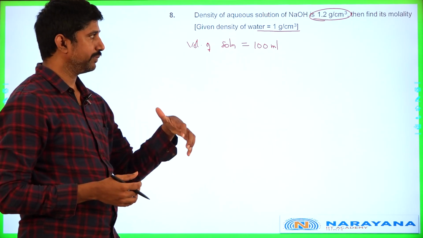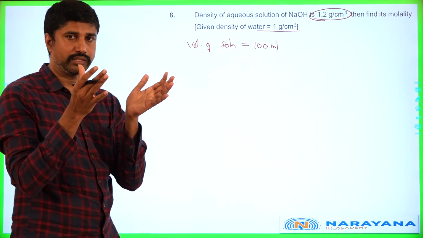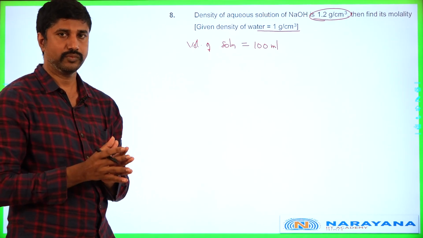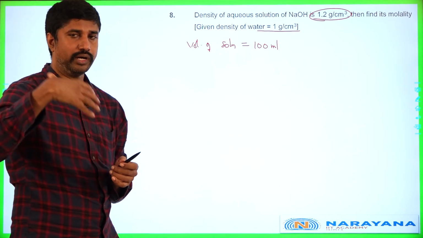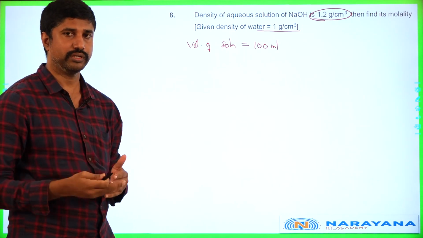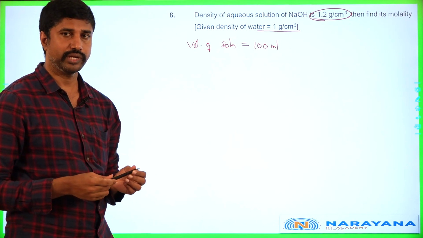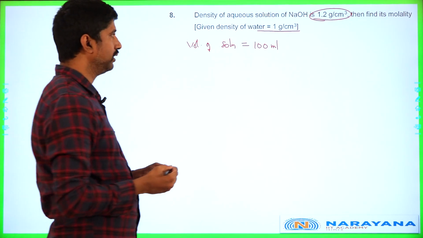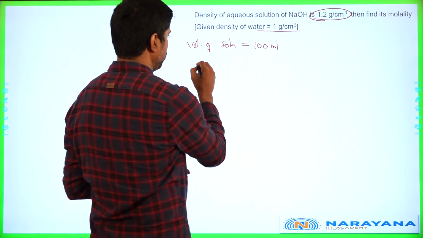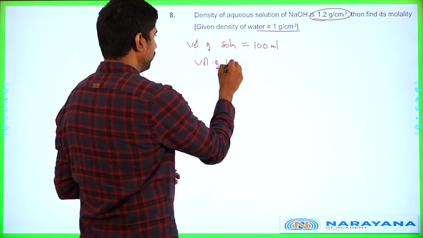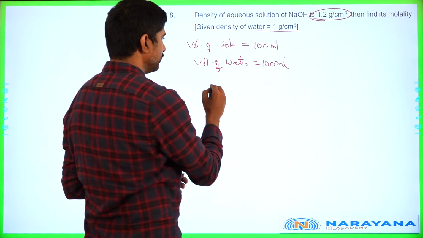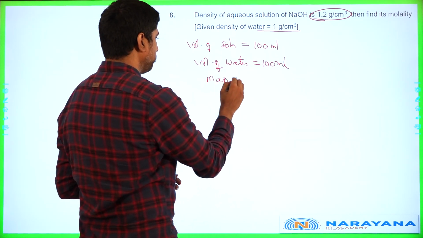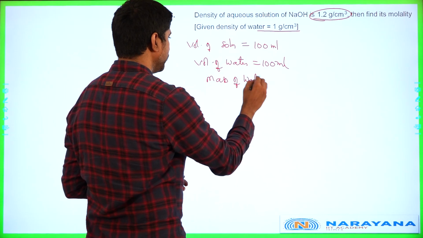So we can approximate that initially you are starting with 100 ml water. By adding sodium hydroxide, we are having the same 100 ml solution with a density of 1.2 gram per cc. So the volume of solution is 100 ml, and the volume of water we can also write as the same 100 ml initially taken.